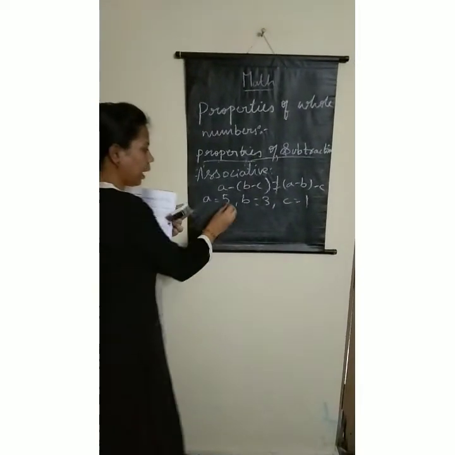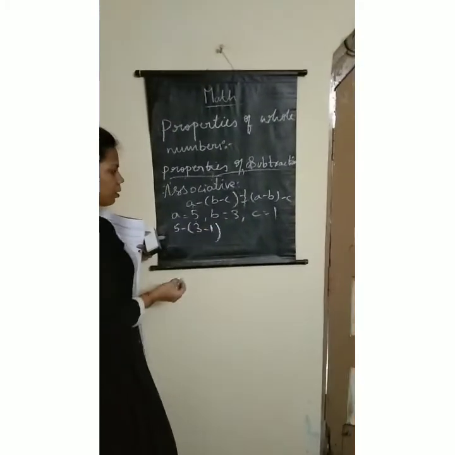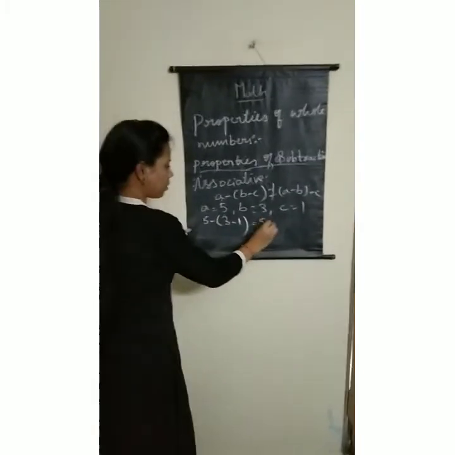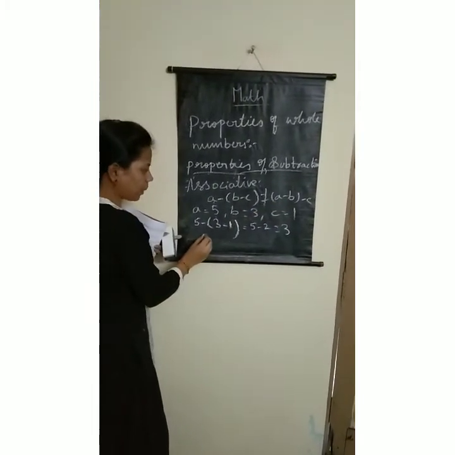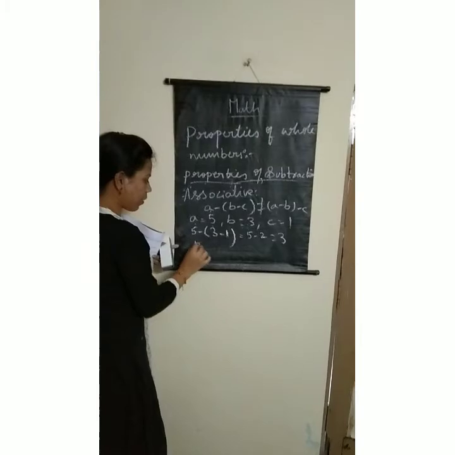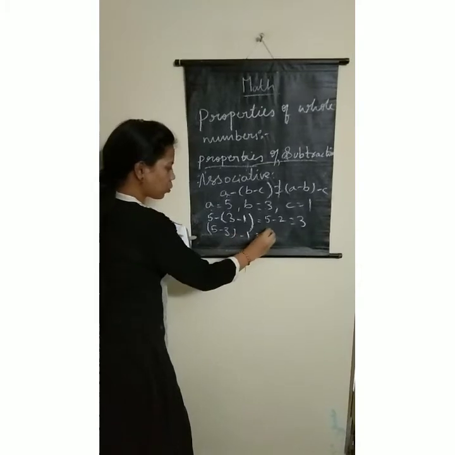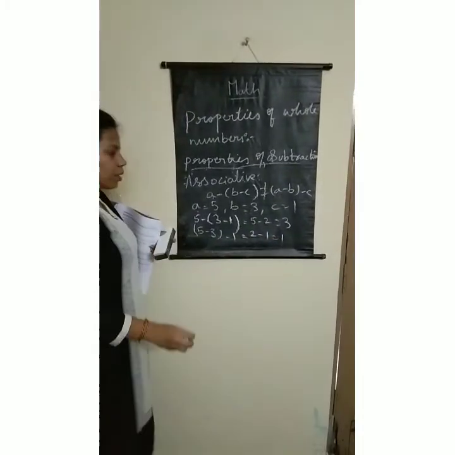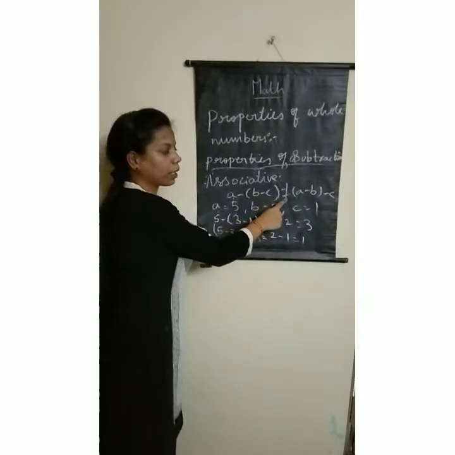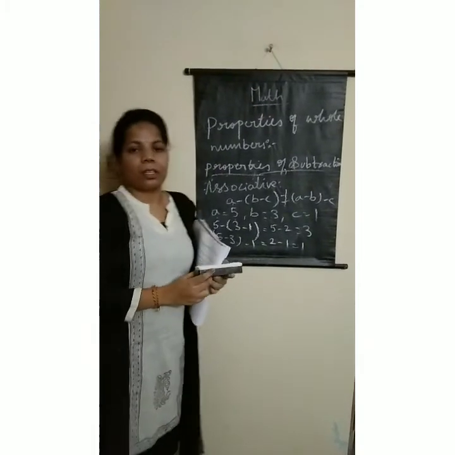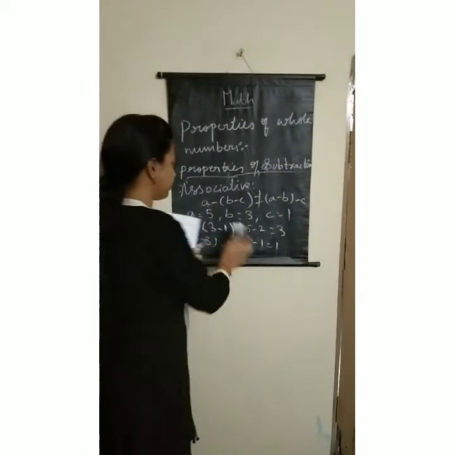So 5 minus (3 minus 1): 5 minus 2, that is equal to 3. Now we will take (A minus B) minus C: 5 minus 3 is 2, minus 1 is equal to 1. So are these both same? No, those are not same. So we can say that associative property does not hold good under subtraction.